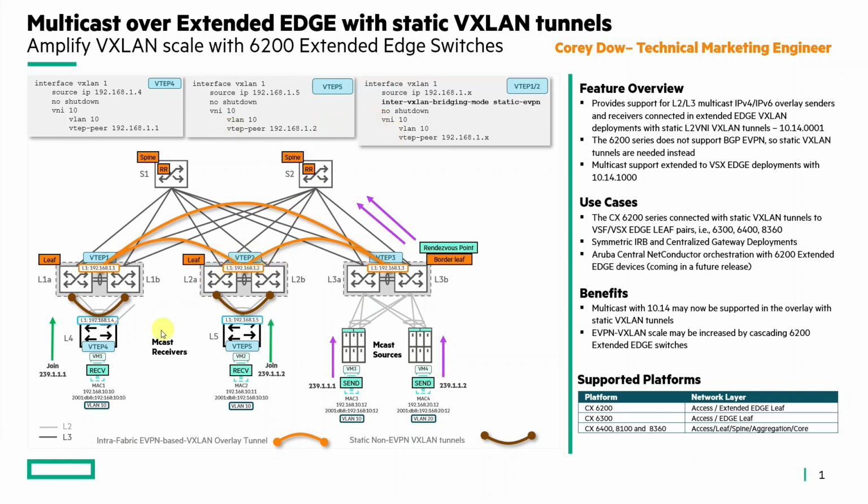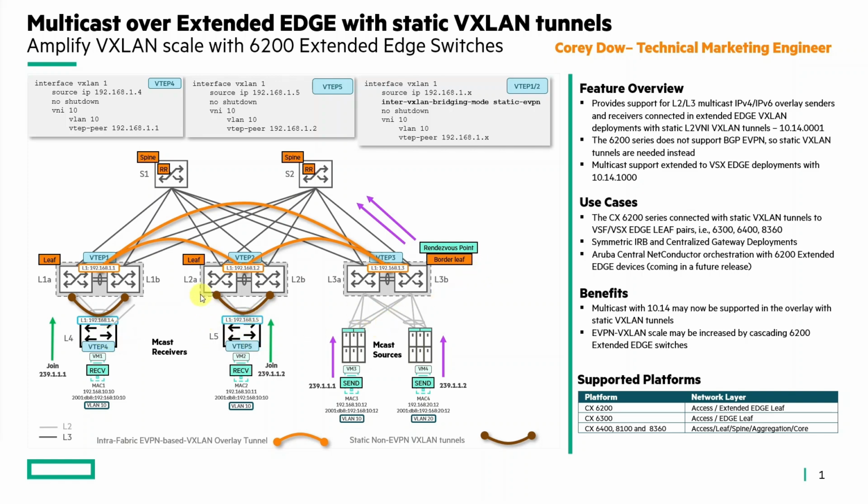However, in most cases, it's really only relevant to the 6200 series connecting in, because the 6200 doesn't support EVPN VXLAN, whereas all the other devices in this support EVPN VXLAN, so they wouldn't necessarily need the static VXLAN support. But any of these devices, 6300, 6400, 8100, and 8360, can operate at the edge here for providing static VXLAN support to these extended edge nodes, as you see here.